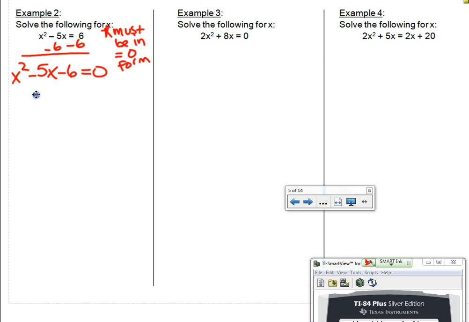And then we're going to factor. And don't forget that you have all the different types of factoring. You have the GCF types, the difference of squares types, the trinomials that begin with a 1, and the trinomials that begin with a 2, 3, etc. So this is another factoring where it begins with a 1. It's a trinomial. So we have to figure out what multiplies to make -6 and adds up to -5.